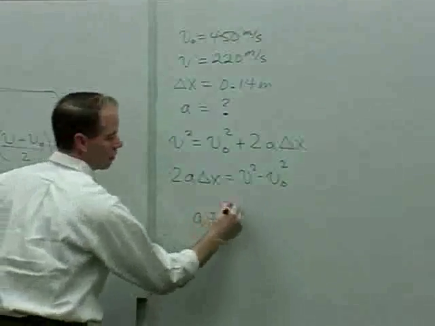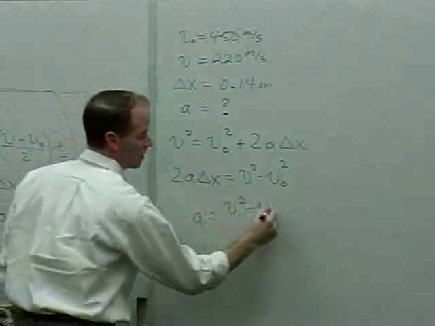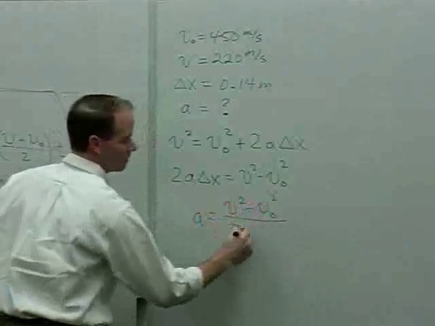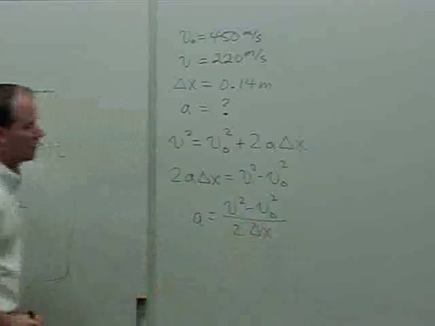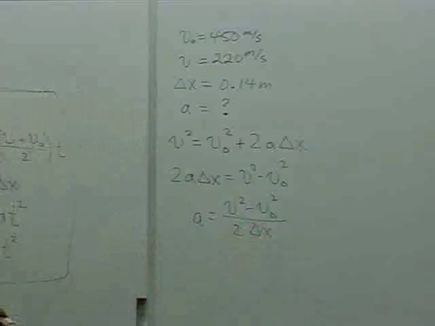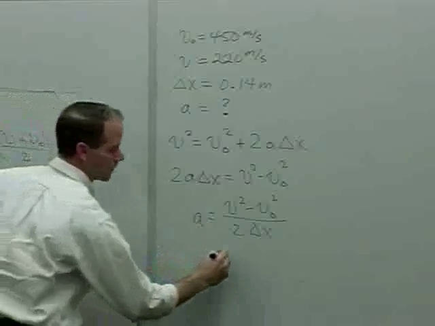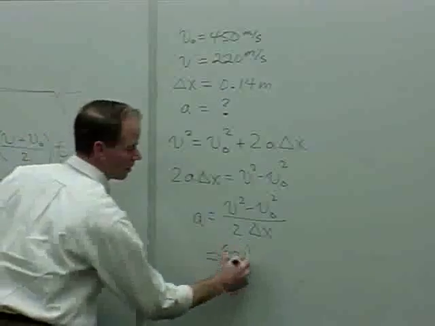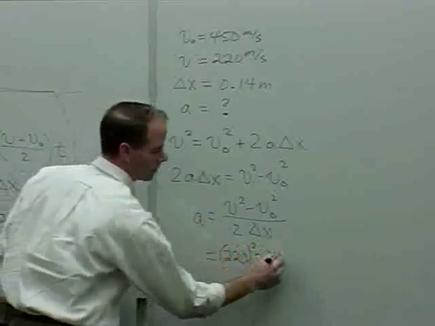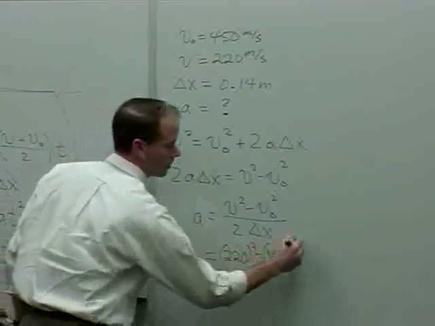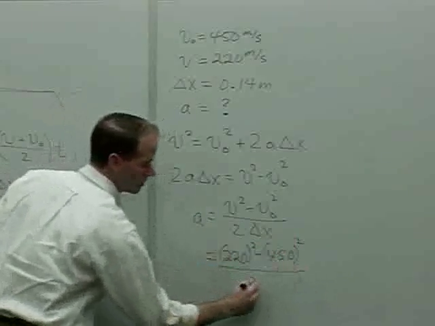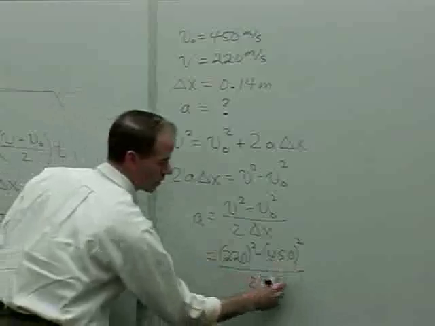Acceleration will be final velocity squared minus initial velocity squared over 2 times displacement delta x. And that will be 220 squared minus 450 squared over 2 times 0.14.